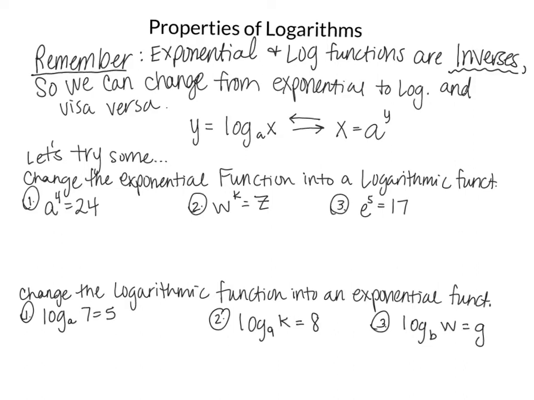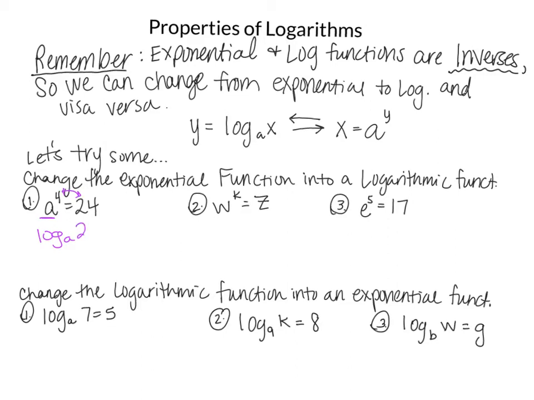All right, so let's try a couple where we go from exponential to log, and then we'll try a couple where we go from log to exponential. Let's look at this first one. The first thing that we want to do is we notice that the base of the exponential function is a. So that's going to be the base of the log function. Then we are going to switch where the 24 and the 4 are.